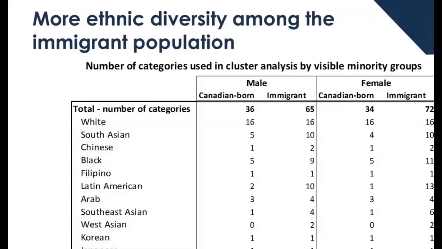Now, given our time constraint today for the webinar, I won't have time to go over the results for all the models. But you can see it clearly with the number of groupings that we have for the immigrants. It's because of Canada's recent immigrant trends. The immigrant population is more diversified in terms of ethnic origin than the Canadian-born population.